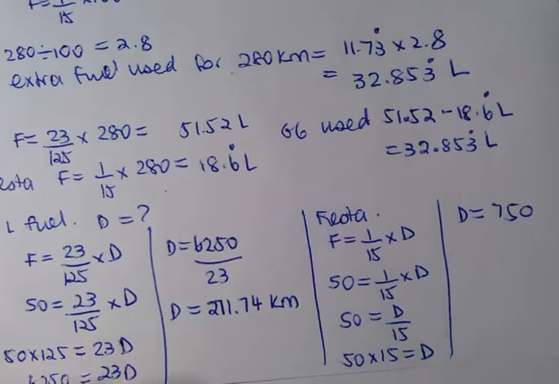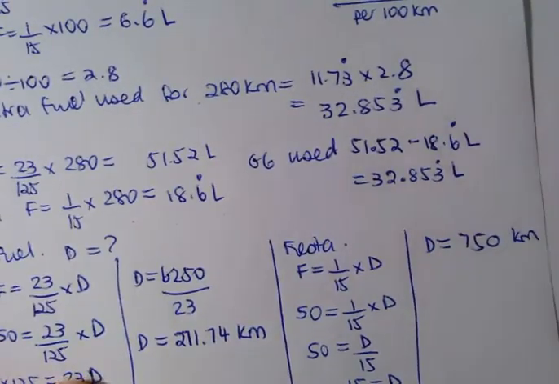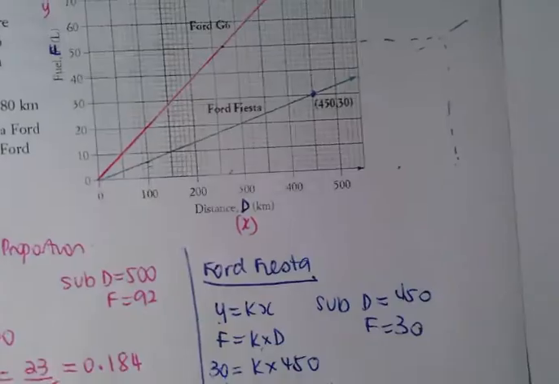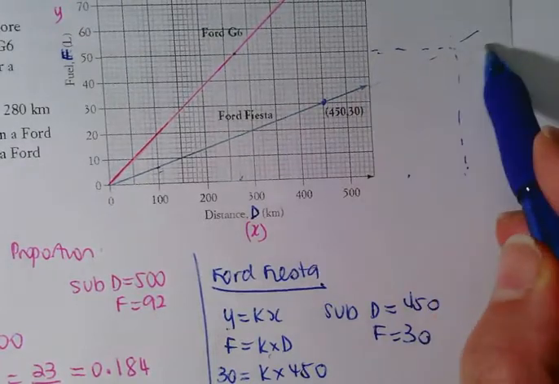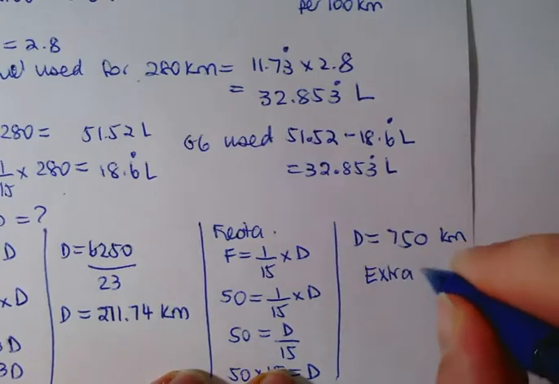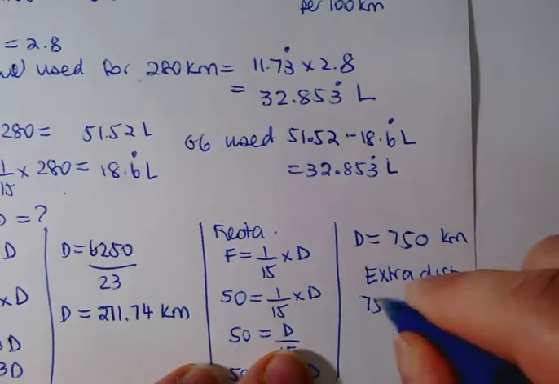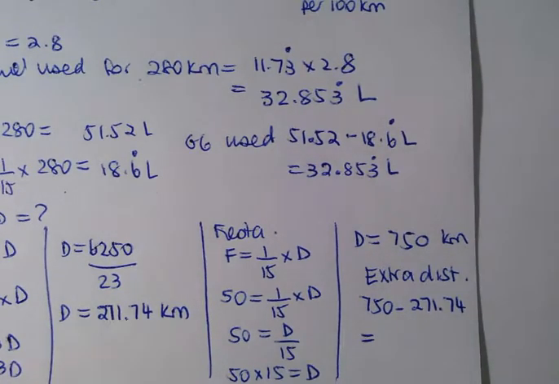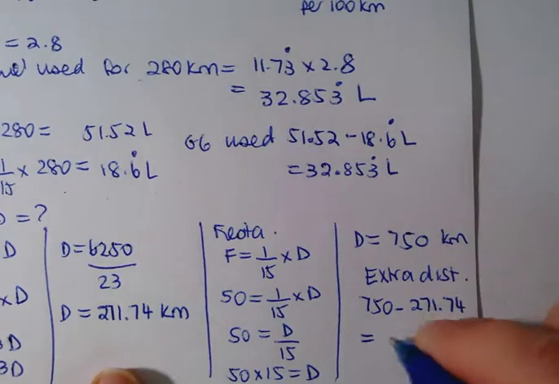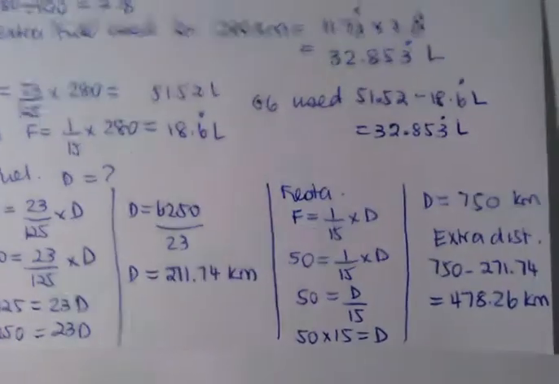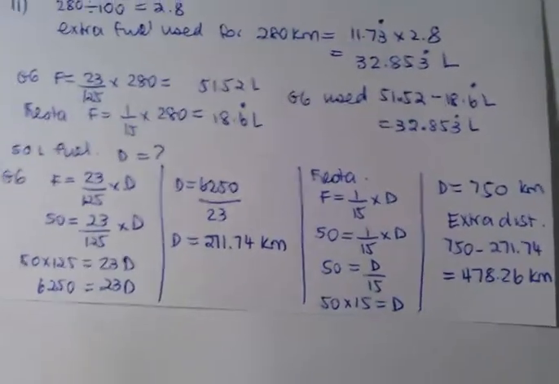Remember, when we looked at the graph, we said it would be beyond about 700 kilometres. So the extra distance that you can travel is a lot. 750 minus 271.74, well, it's almost 500 kilometres. It's 478.26 kilometres if we use the formula, and we do have to use the formula because you can't use the graph.